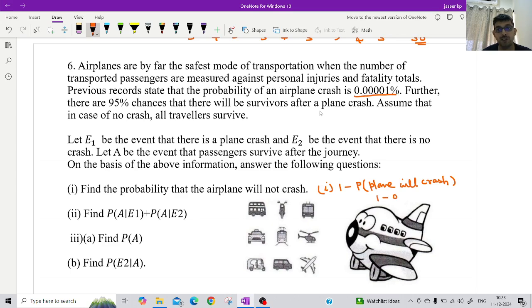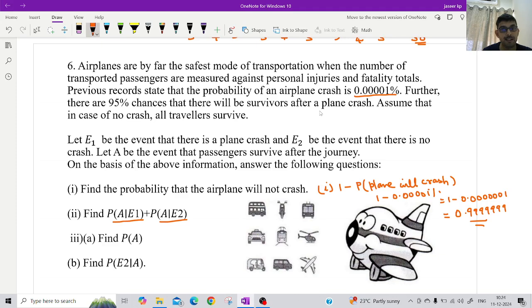So 1 minus 0.0000001, so that will be 0.9999999. So this is the probability that the airplane will not crash. That's 1 minus probability that plane will crash. Now come to the second one. Find probability of A given E1 plus probability of A given E2. So you have to understand this.